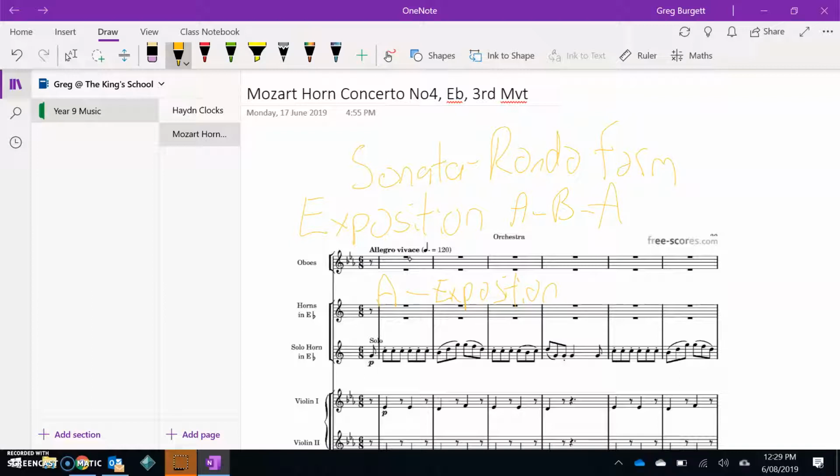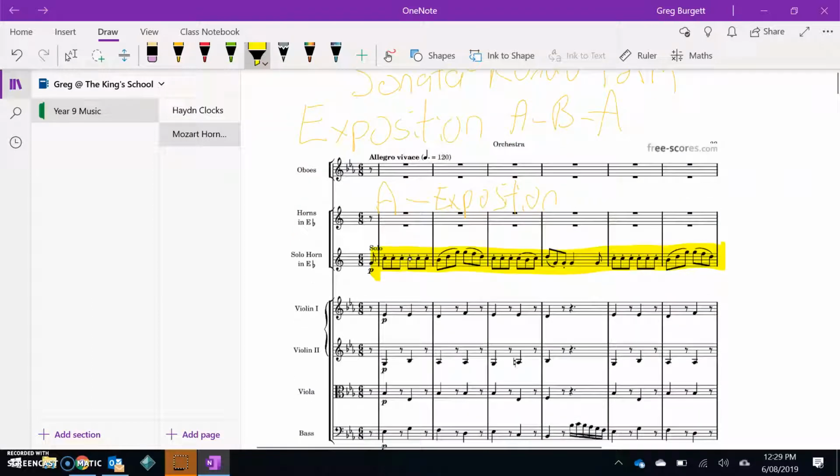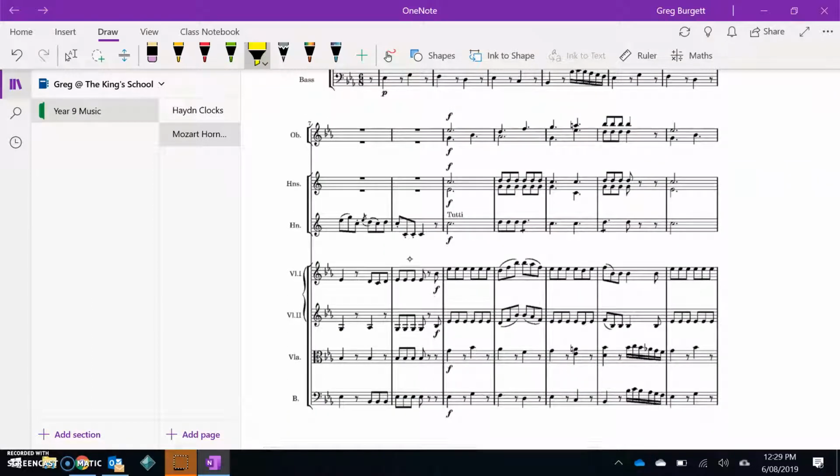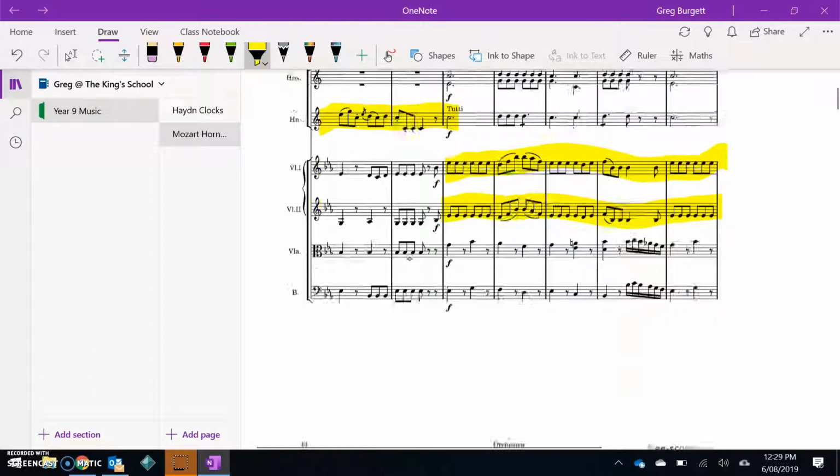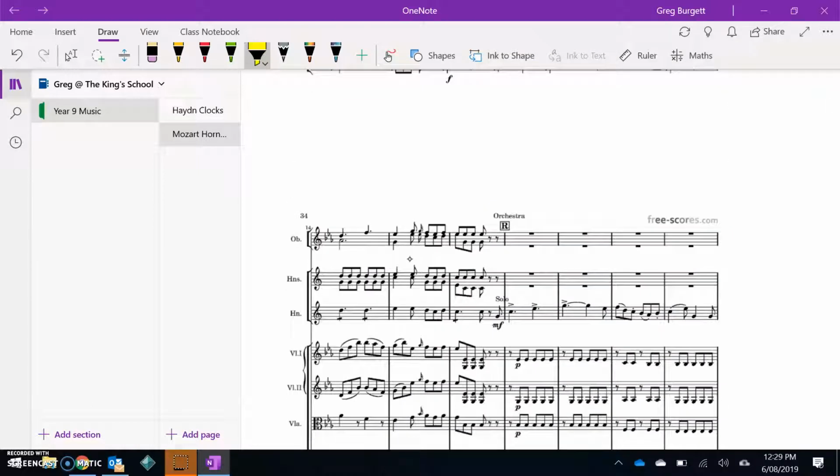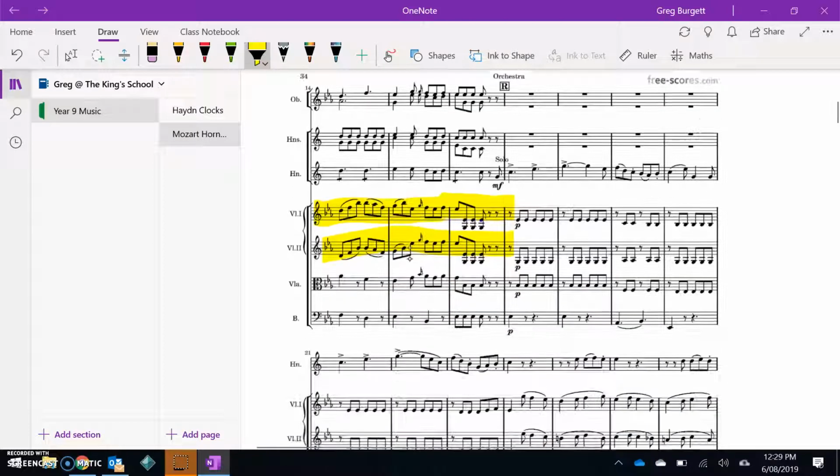So bars 1 to 16 is the A theme, which goes to here. And then it continues down here, as we can see in these parts. 14, 15, 16. Which is there. All right.